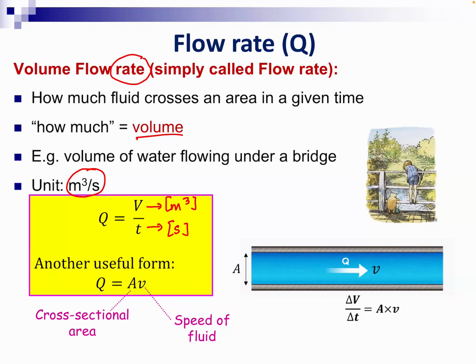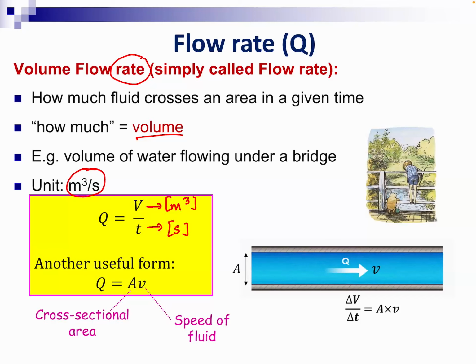Because if you think about flow rate, you can also think about it as how fast, as shown in this diagram here, the fluid is moving through a cross-sectional area A. And so you have two definitions of flow rate: how much, or the volume of fluid crossing an area per unit time, or how fast the fluid is flowing through a cross-sectional area A. So therefore, you have these two definitions for flow rate. What to use, of course, depends on what you know.